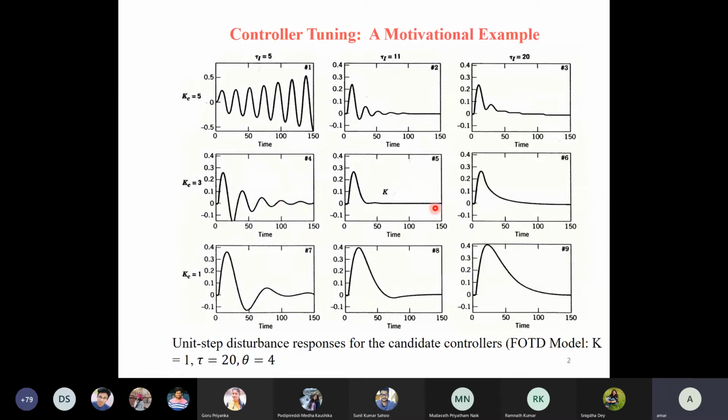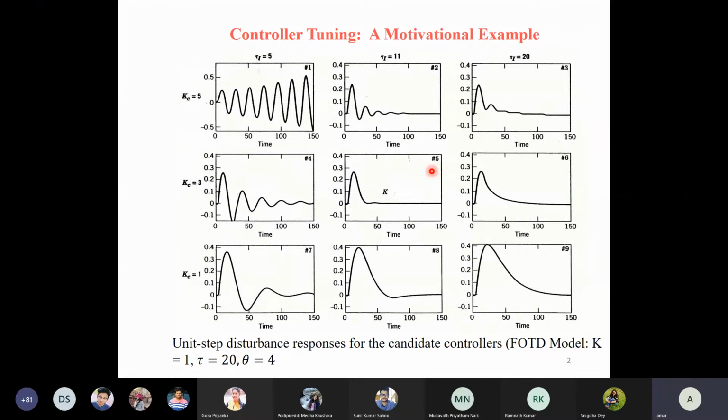How do I decide? Just from visual observation, it's not easy to decide that this one is good or this one is bad, right? So we need some kind of measures or parameters to know which controller tuning is good, or what should be the values of Kc and tau I.